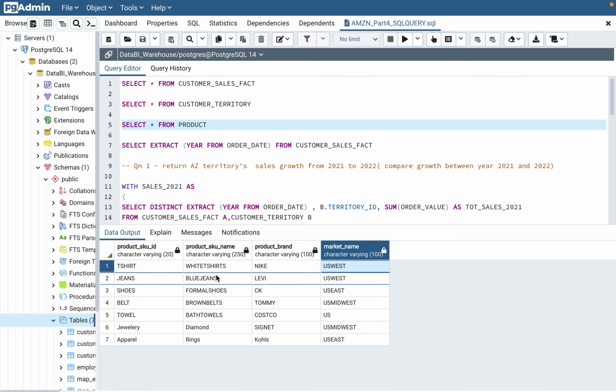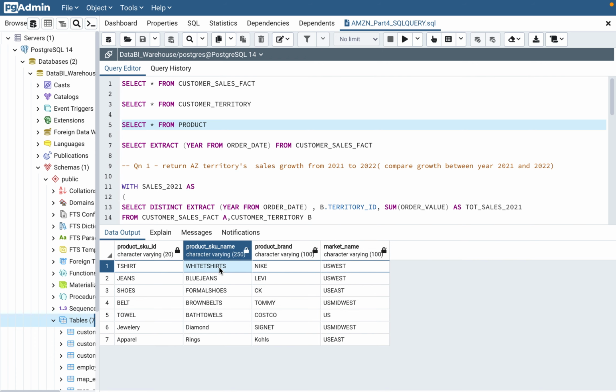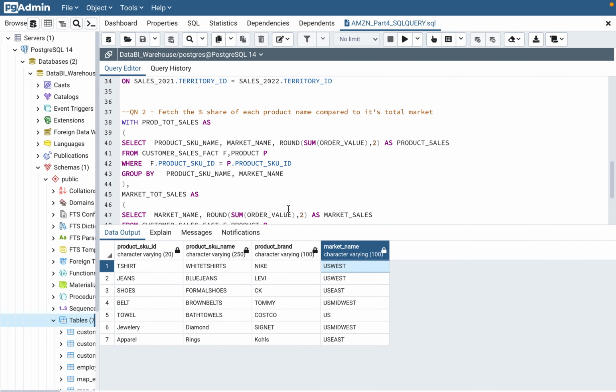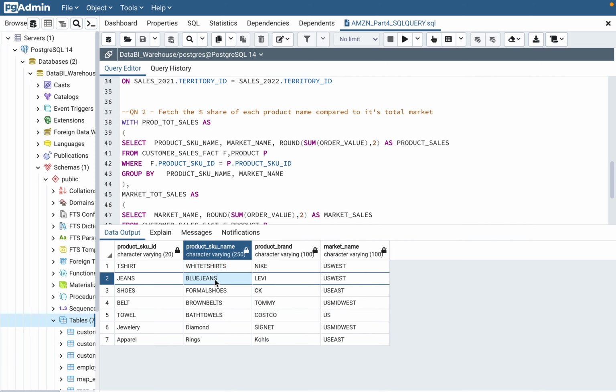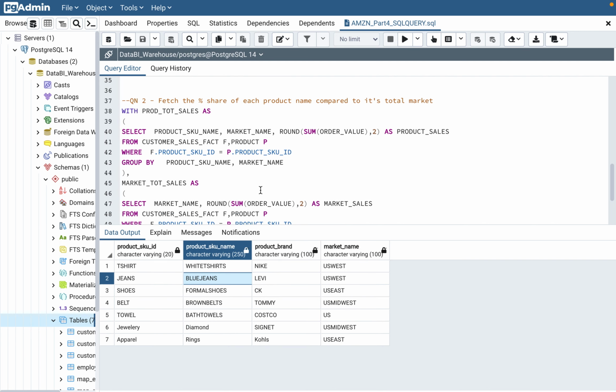Out of that, let's say white shirts has $60 of value, blue jeans has $40. That means white shirts has 60% market share within the US West market. If you read the question, it says fetch the percentage share of each product name compared to its total market. So what is the market share of this? 60%. And blue jeans is 40%.